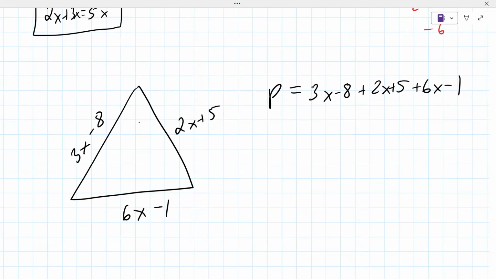Would it be 11x plus -24? So you've got a minus 8, a positive 5, and a negative 1. Oh, +5. Yeah, I thought I did 15. Okay, try that one more time.